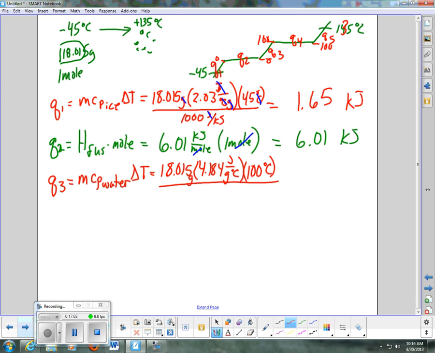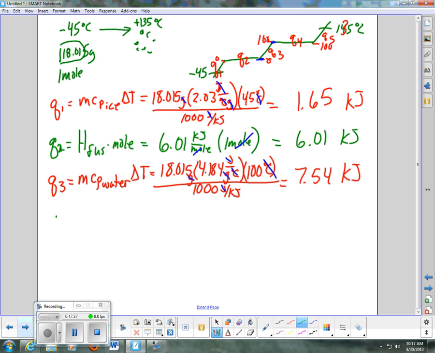And we're going to divide this by 1,000 again to get it into kilojoules. Everything should cancel. Where'd you get 4.184? That's the C_P of water, of liquid. Where's the 100? 100 is from going right here to right here. So what do we get for kilojoules for this one? 7.54.